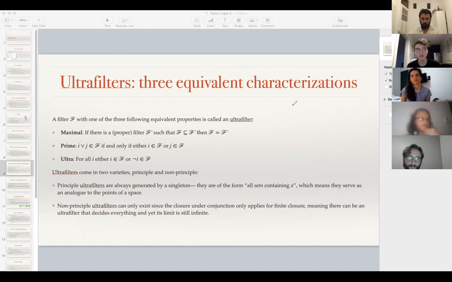But I think a good way to think about them is, a principal ultrafilter is always going to converge to a single point, as opposed to a filter that can converge to a set. A non-principal one, we can think of as converging at some sort of infinite singularity.